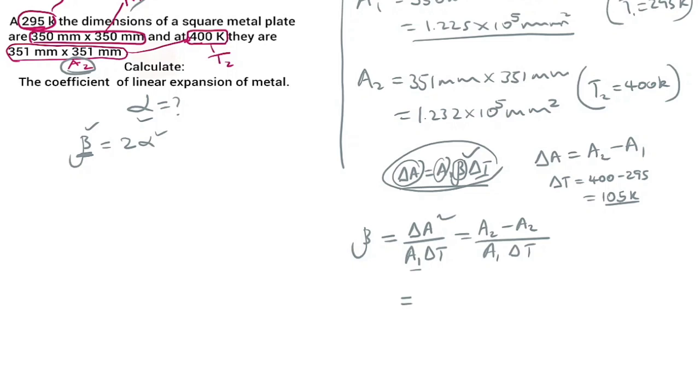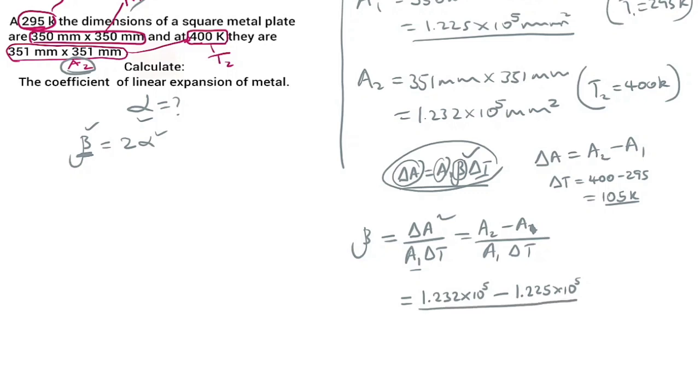Then let us substitute. Area 2 is 1.232 times 10 to exponent 5, minus area 1, which is 1.225 times 10 to exponent 5.